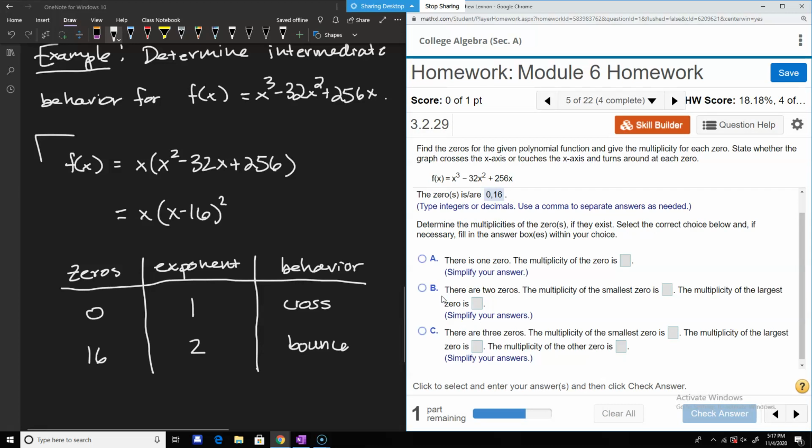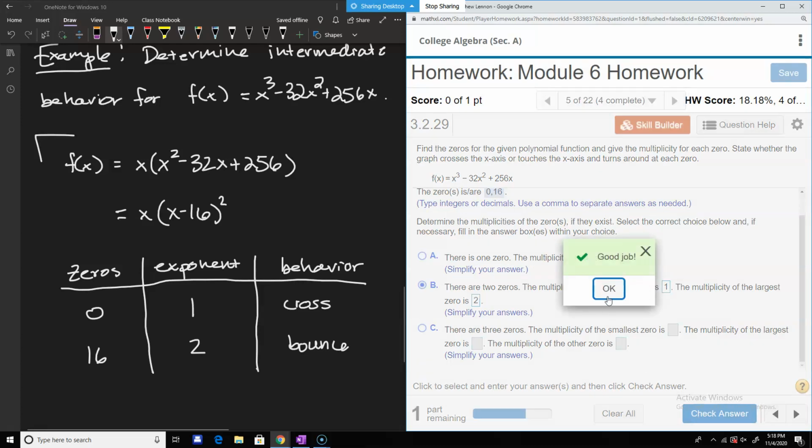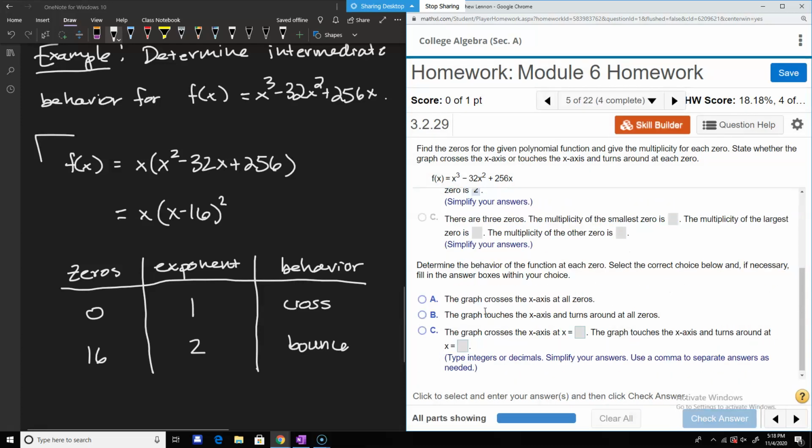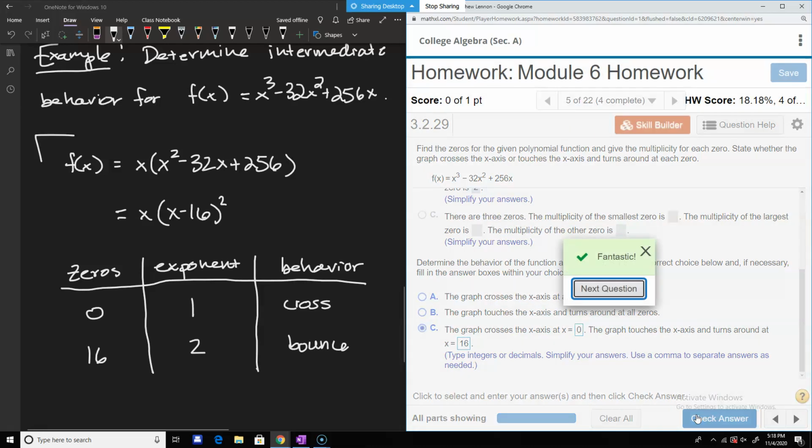There are 2 zeros, so that's option B. The multiplicity of the smallest 0 is 1, and the multiplicity of the largest 0, which is 16, is 2. So we have the graph crossing at 0, and it touches and turns around, which I have said bounces, at 16. Good stuff.